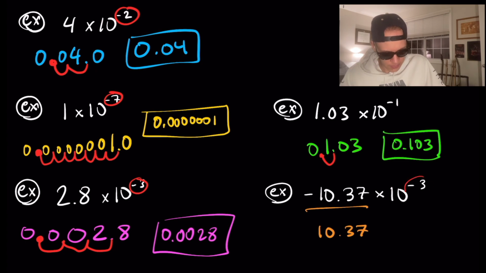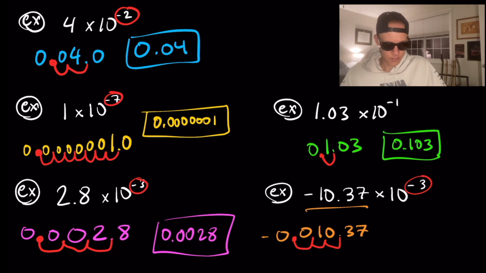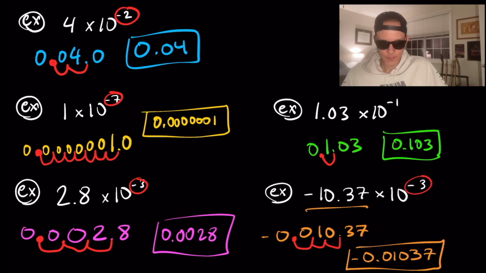And we're going to move that decimal place 3 to the left. So 1, 2, 3. I'll throw another 0 here and here. And don't forget that negative sign. That negative sign doesn't magically go away. It's still there, it's still part of the number, so our final answer is going to be negative 0.01037.